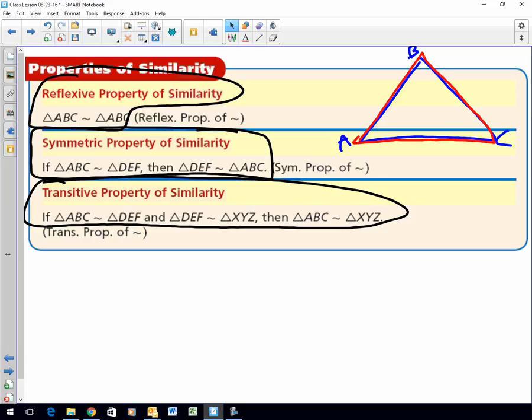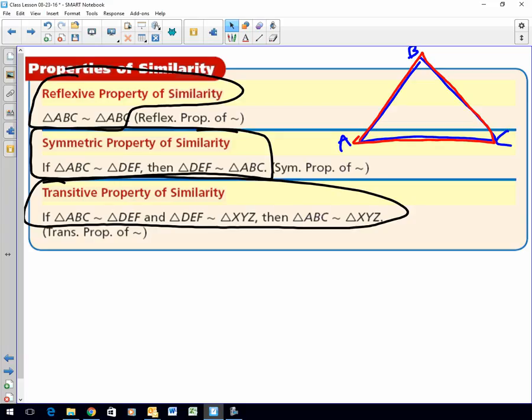Anything that's mapped onto itself. We talked about that last unit in transformation, mapping an image onto itself. Here it's similarity. Those triangles are similar.